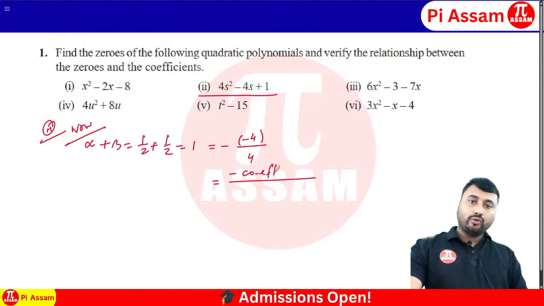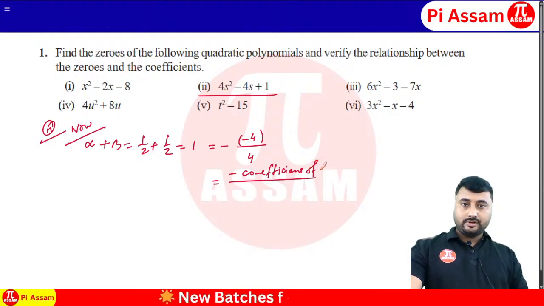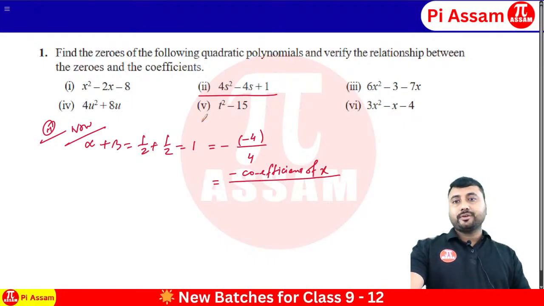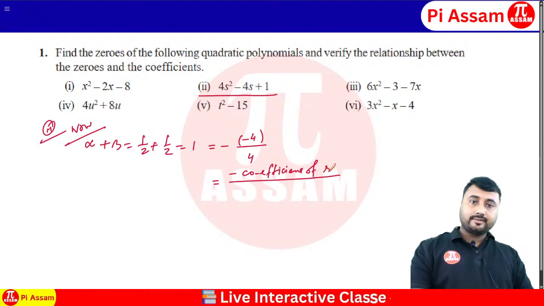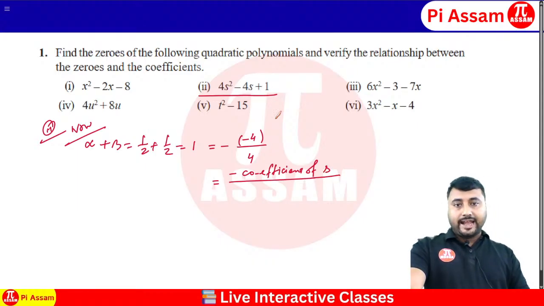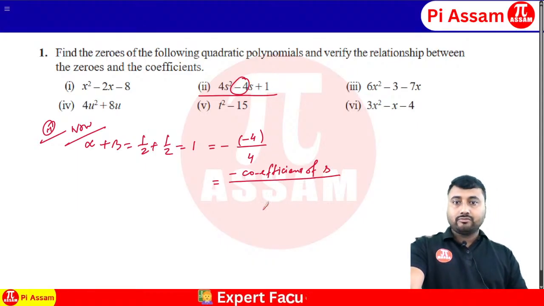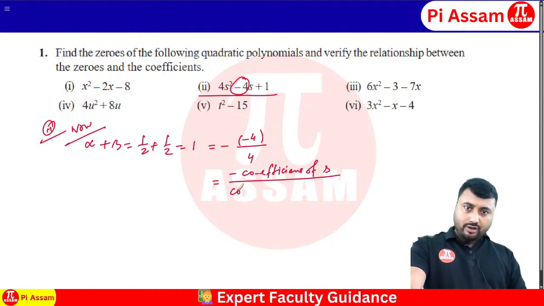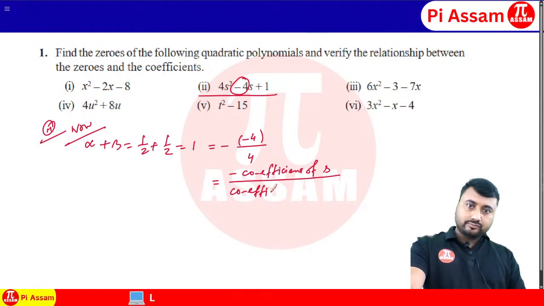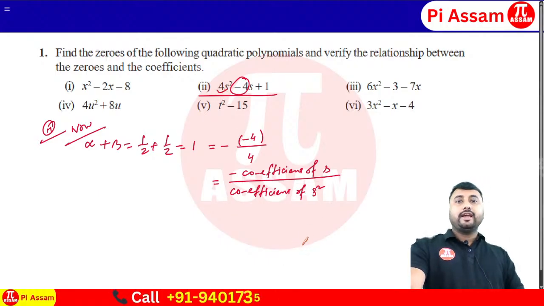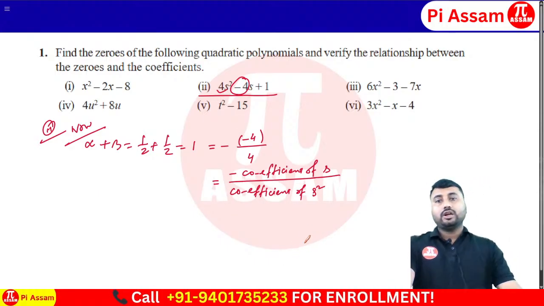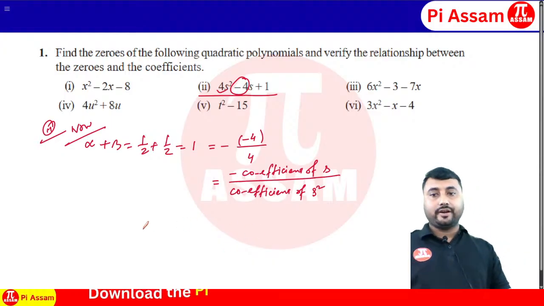coefficient of s divided by coefficient of s square. The coefficient of s is -4 and the coefficient of s square is 4, so our first relation is verified.